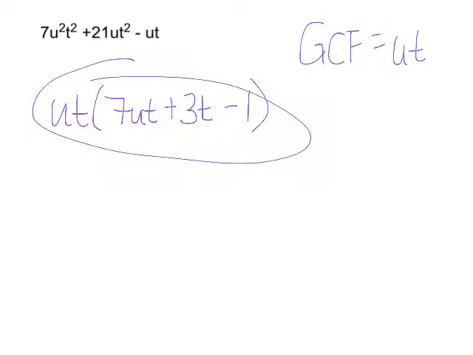And if I was to distribute that ut to each of my terms, I would get 7u squared t squared plus 3ut squared minus ut.